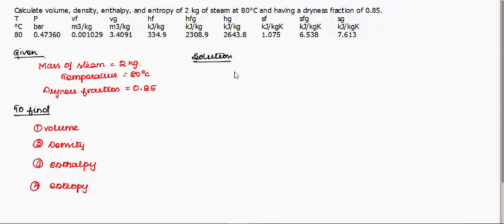Listen, since the dryness fraction value is given as 0.85, that is the quality of steam is less than 1, the given steam condition is wet steam. So we have to calculate the properties for wet steam condition. For wet steam, what are the required formulas?